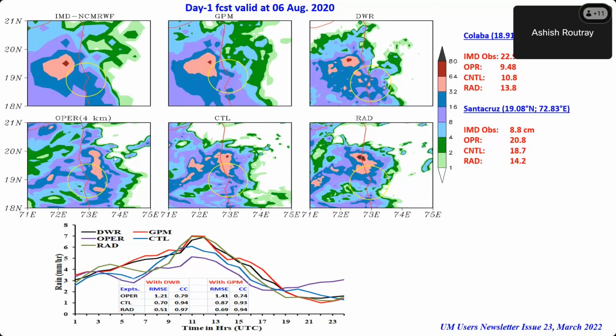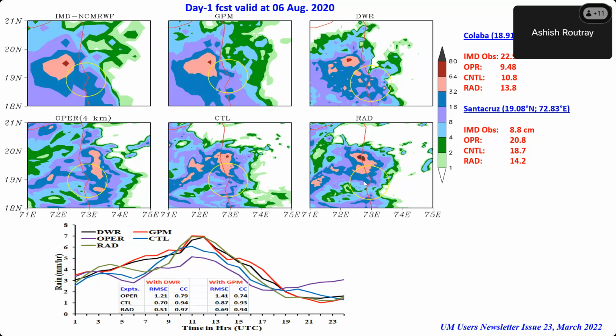If you see, in the operational model the heavy rainfall is moved mostly over the inland mass, more northward. The tip point is Mumbai, and there is not much rainfall over this region. The control is the HRR system without reflectivity and radial velocity, and the rad experiment includes them. It shows that assimilation of reflectivity and radial velocity has a positive impact on the extreme rainfall event.